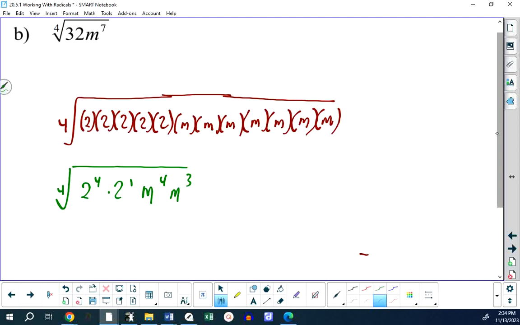Because then I can just say that this becomes a 2 outside. This becomes an m outside. And then the rest of it is 2 times the m cubed, and it's a 4th root.